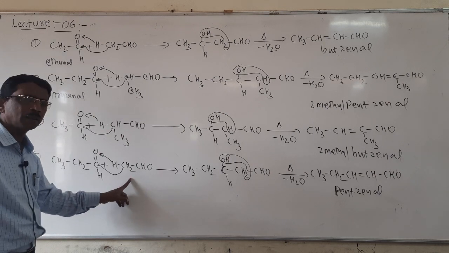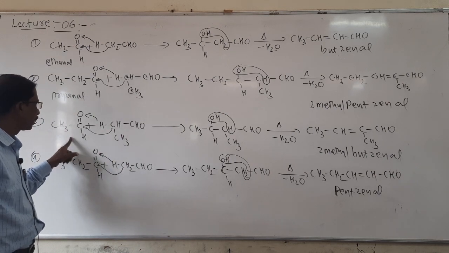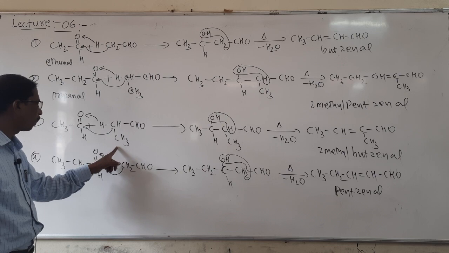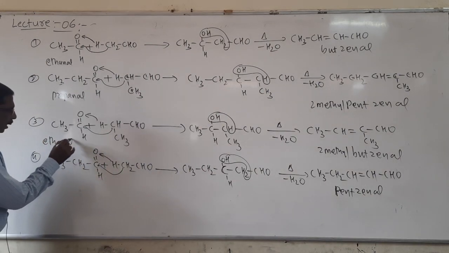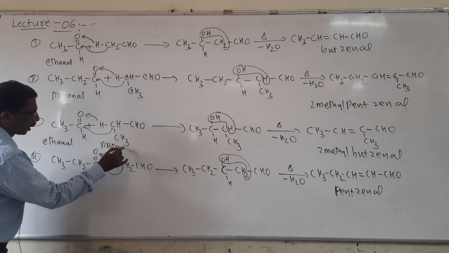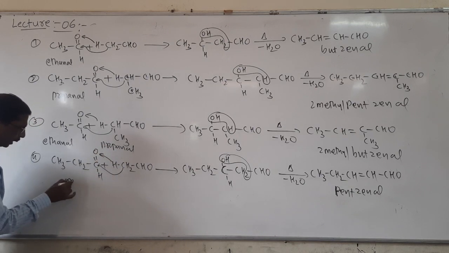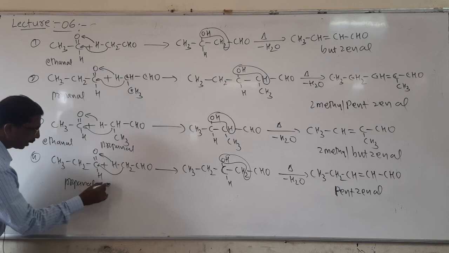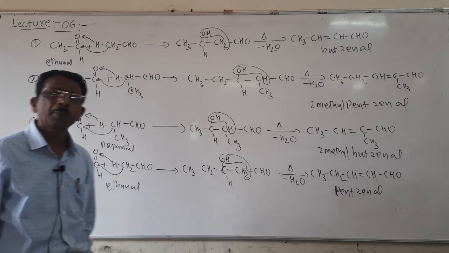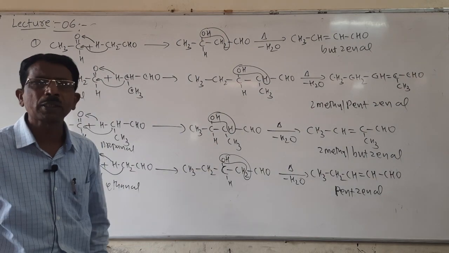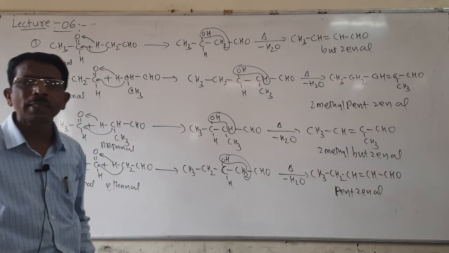Propanol plus ethanol. Then this set is ethanol plus propanol. Here ethanol comes first, then propanol, and then ethanol. Look here, A plus B, B plus A: only two are cross products, and two products are with the same aldehydes.